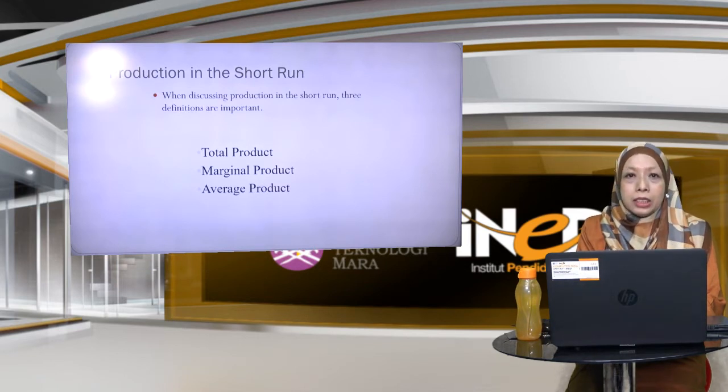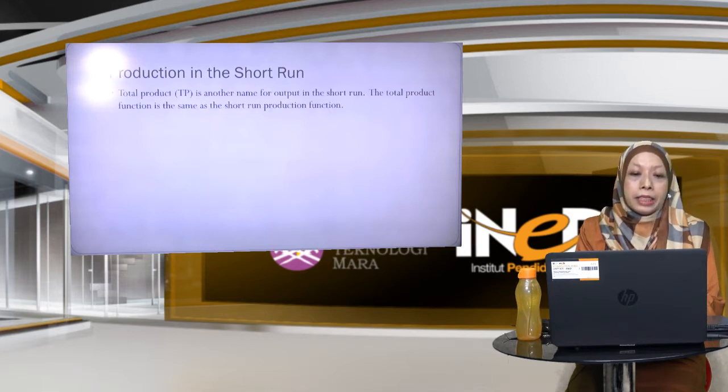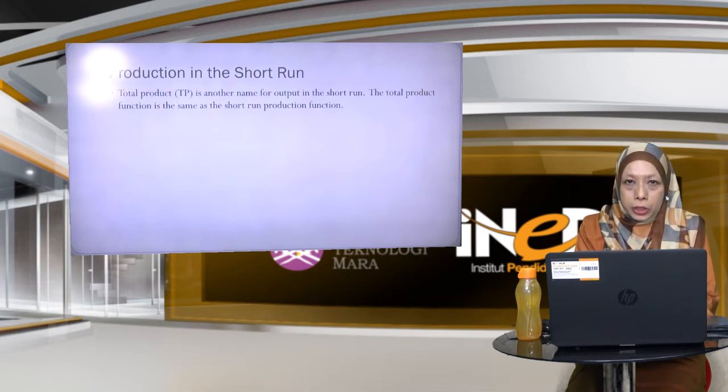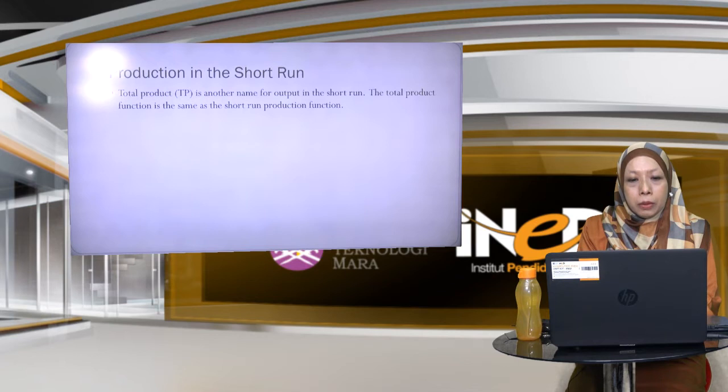So let us look at the definition of each of these production terms. Total product is the same thing as output in the short run. So total product and output is the same thing. Total product also represents the short run production function.